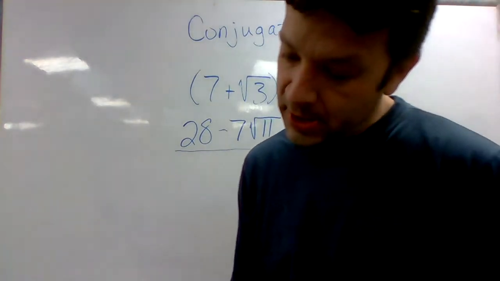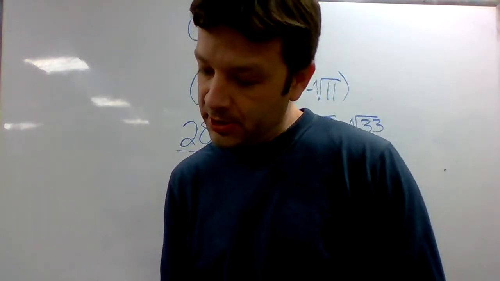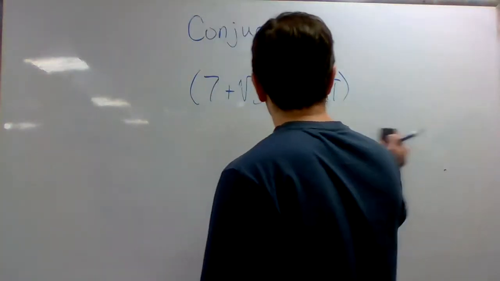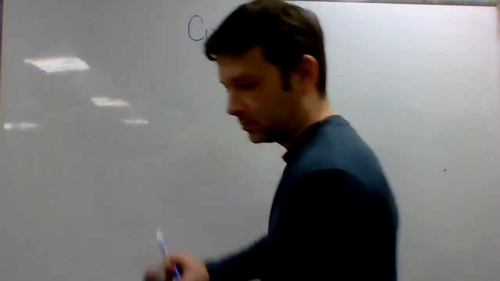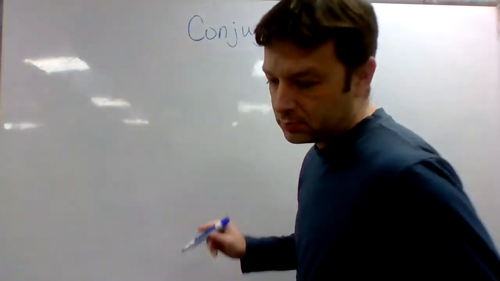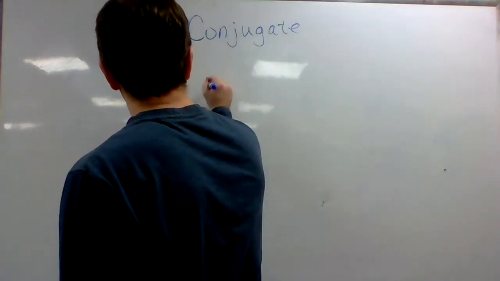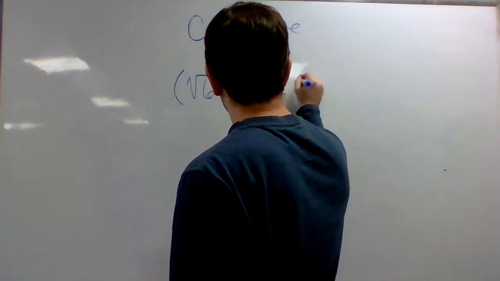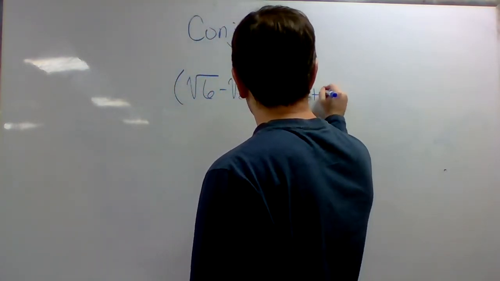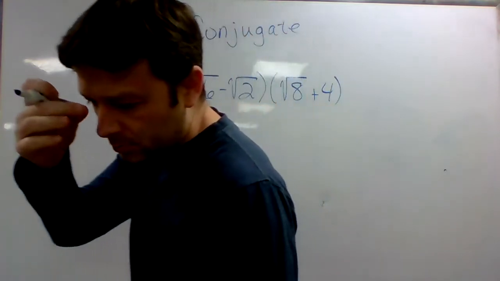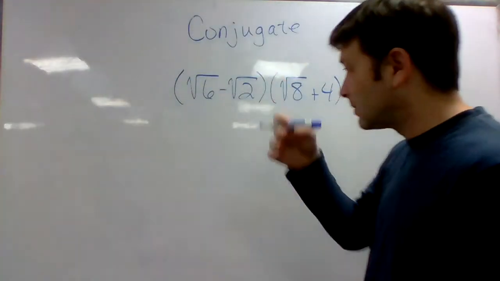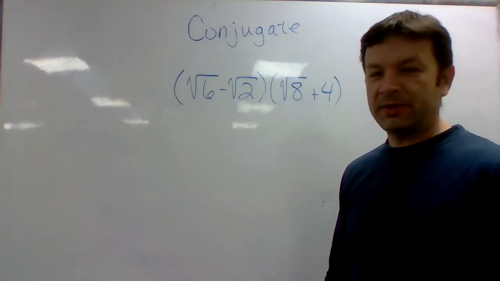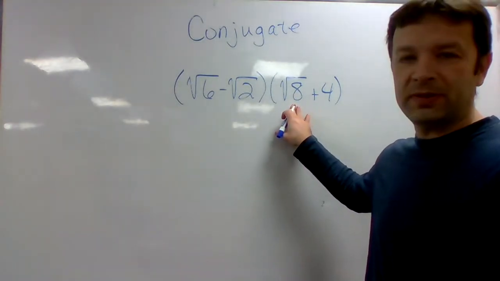Number 9, square root of 6 minus square root of 2, square root of 8 plus 4. All right, I noticed something that's going to give us a little bit of trouble.